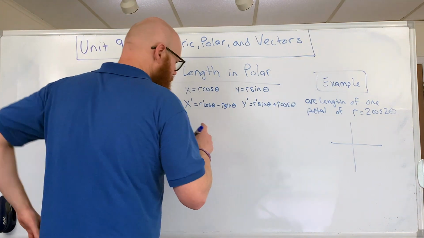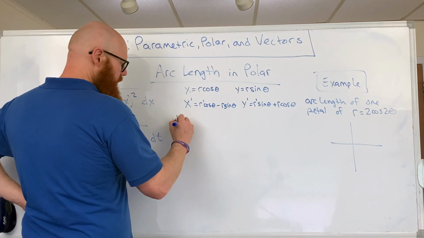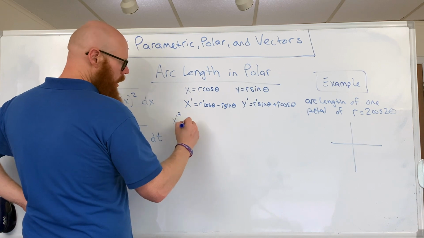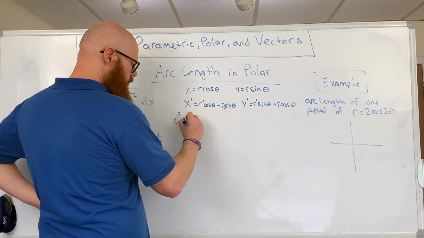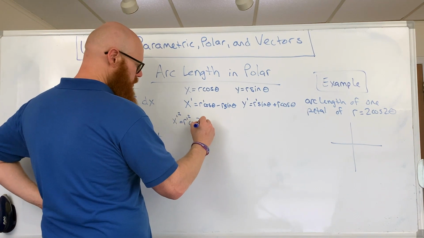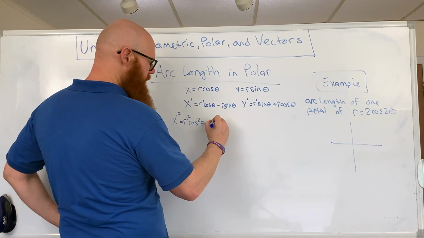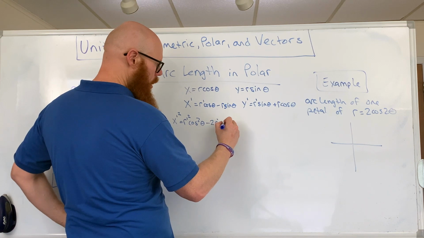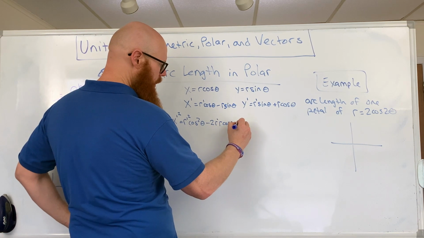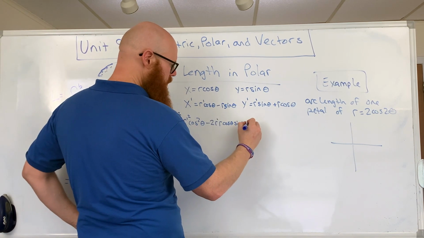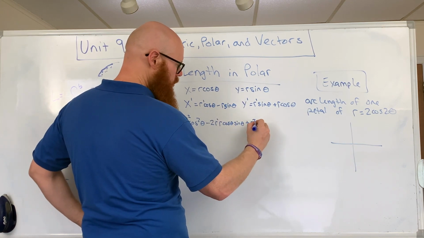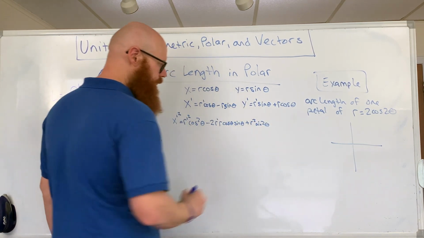I'm going to take a little bit of a shortcut here. So x prime squared is going to be the first one squared, so r prime squared cosine squared theta. Then I'm going to do minus 2 of these multiplied together, so 2r prime r cosine theta sine theta, plus the last one squared, so that's r squared sine squared theta.